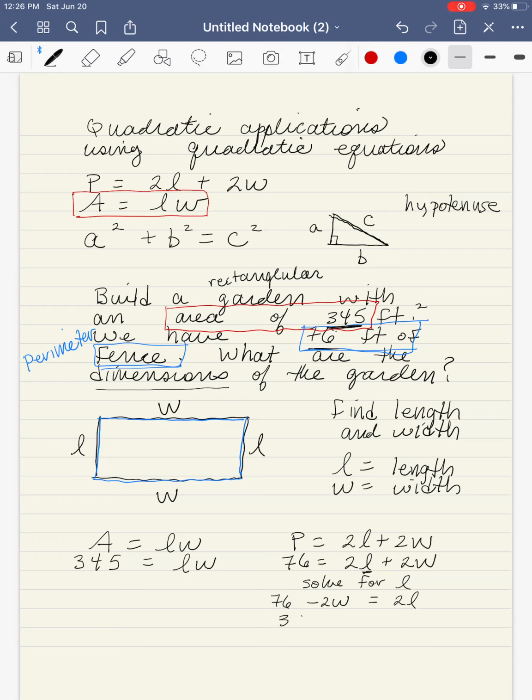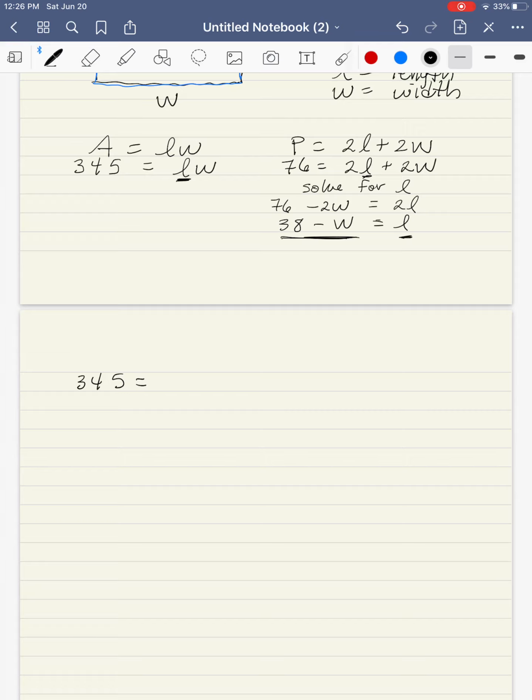Now I have L in terms of W, and I can substitute that back in for L in this equation. So 345 equals, and in place of this L, I'm going to put all of this, and then times this W that's already here. Now I can just solve this equation.